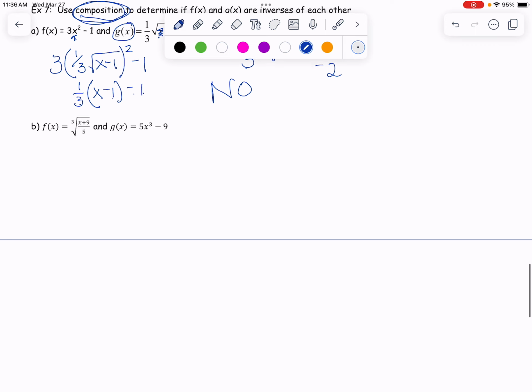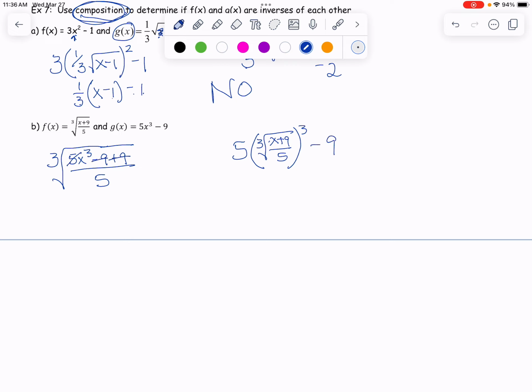This one, five x cubed minus 9 plus 9 over 5, and x plus 9 cubed minus 9. So these 9's cancel, this 5 cancels, the cube root of x cubed, that's x.